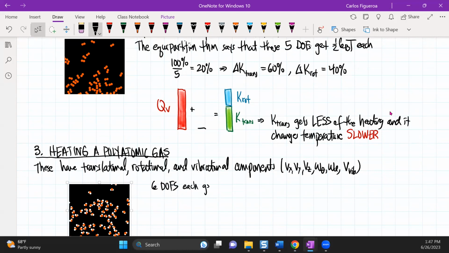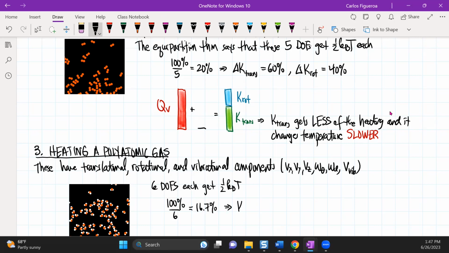Each gets 1/2 kBT. So if I have 100% of the heating, now I have 6 degrees. It turns out that this is 16.7%. So then guess what?